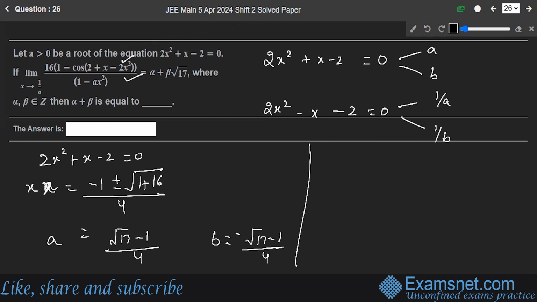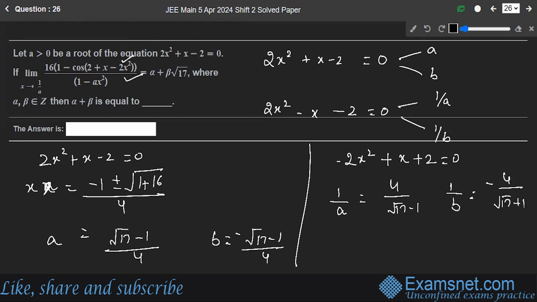Now the second equation, let it be like this only, minus 2x squared plus x plus 2 is equal to 0. It will have two roots. So 1 by a, this is the first root, which is equal to this, and 1 by b is, I'm taking minus common, root 17 plus 1.